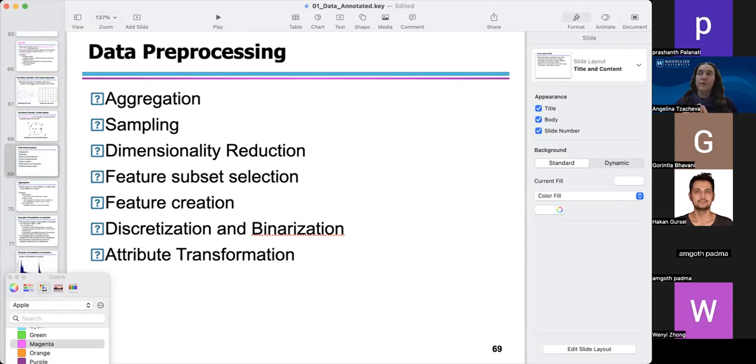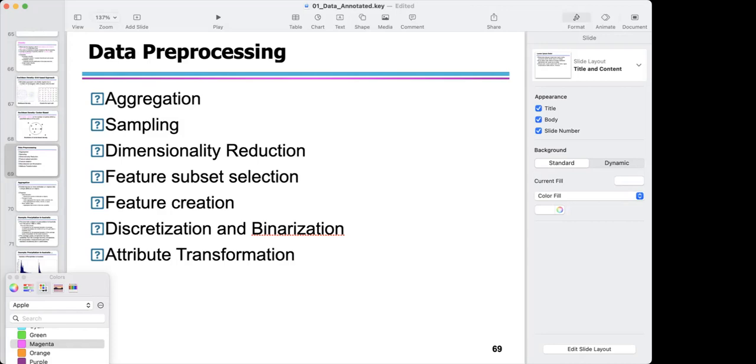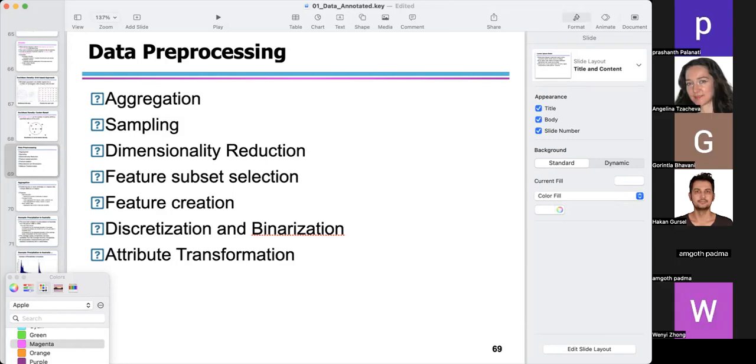So the objects themselves, we were measuring their similarity based on the attributes or the features, as we wanted to describe those objects.